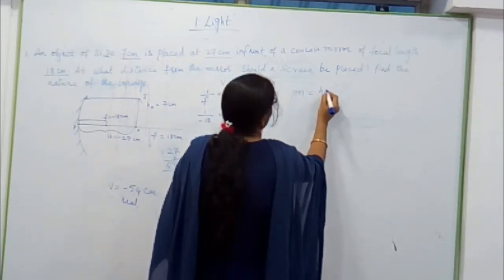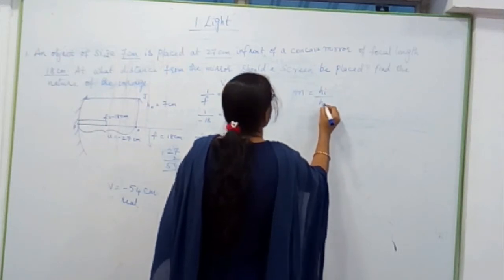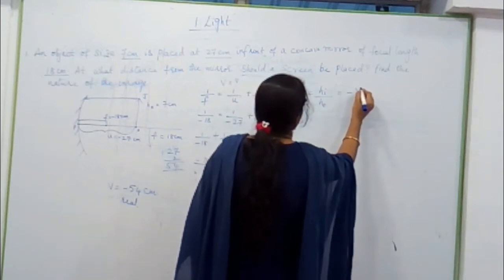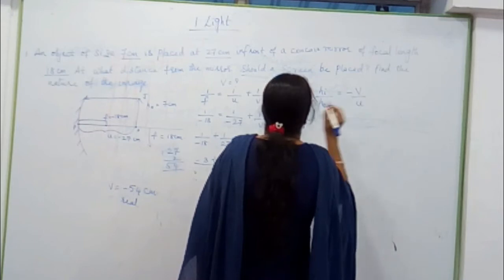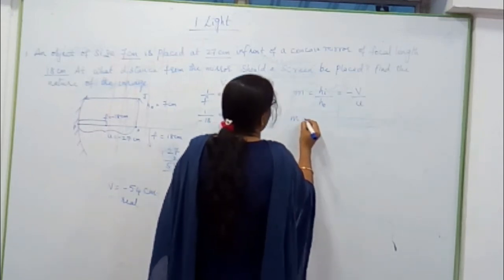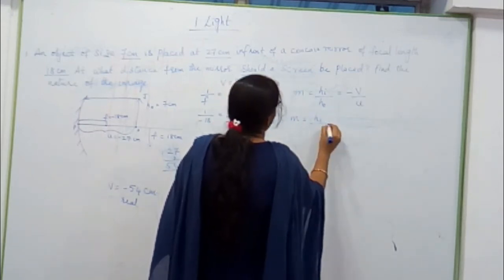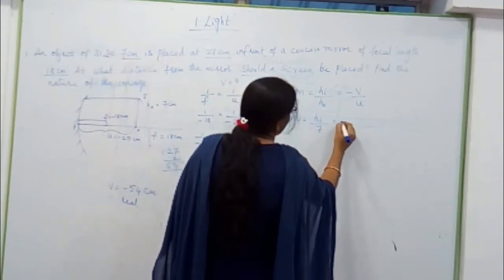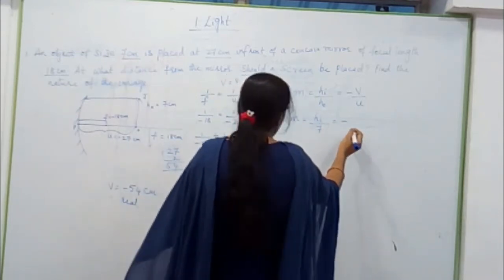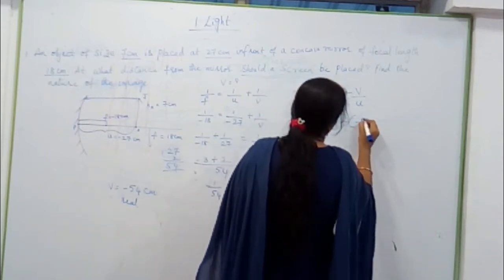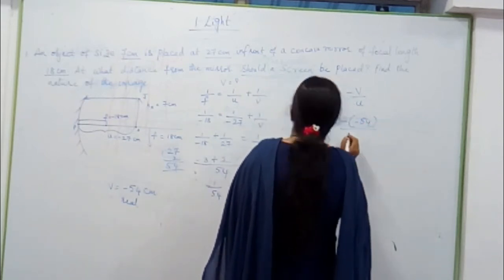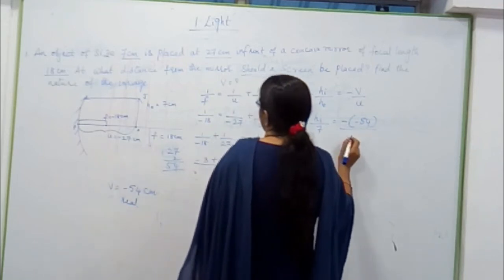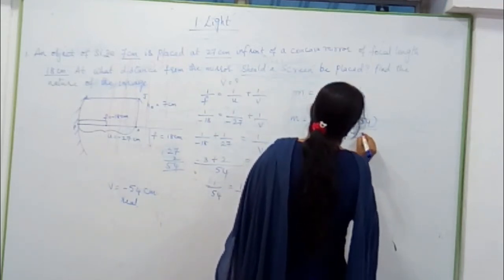M equal to Hi by Ho equal to minus V by U. Hi by 7 centimeters equals minus of minus 54 by minus 27.